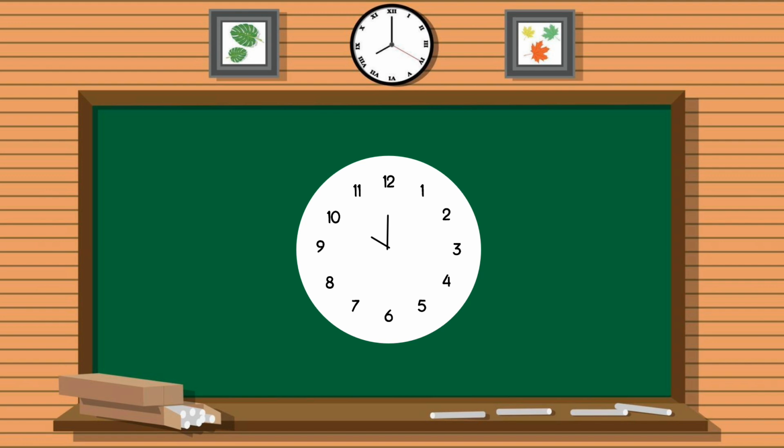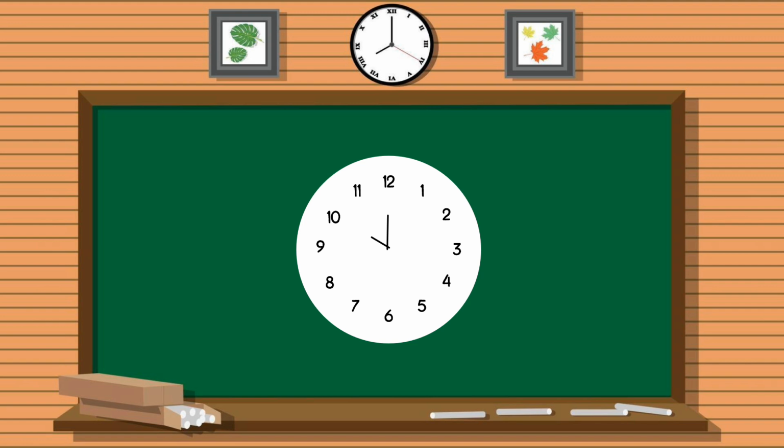A good trick to remember is every number the long hand points to is worth 5 minutes. So let's count by 5 together using the clock numbers. Ready? 5, 10, 15, 20, 25, 30, 35, 40, 45, 50, 55, 60.